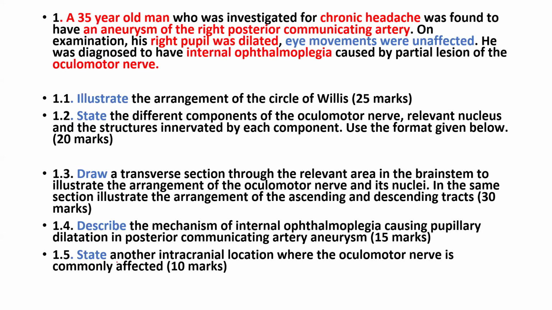I have identified some key points of this SCQ: 35 years old, chronic headache, an aneurysm of the right posterior communicating artery, right pupil was dilated, eye movements were unaffected, and there's a word called internal ophthalmoplegia, caused by partial lesion of the oculomotor nerve. So I have highlighted some words.